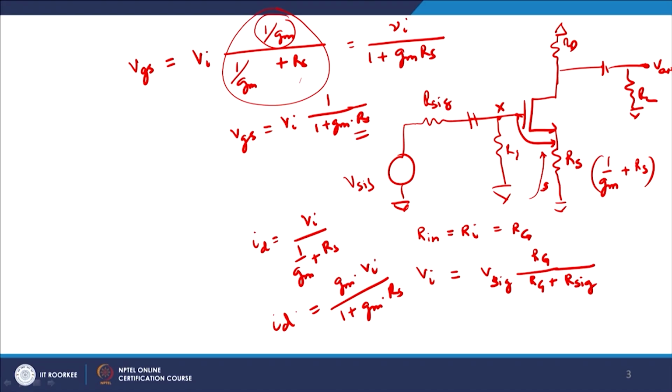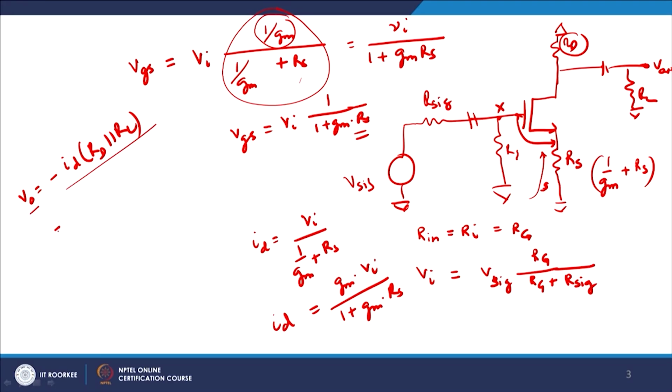Now, we very well know that the output voltage V0 will be minus ID times (RD parallel RL), where RD and RL are the drain and load resistances. The phase change is there, therefore there is a negative sign.